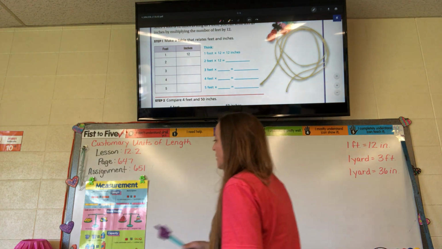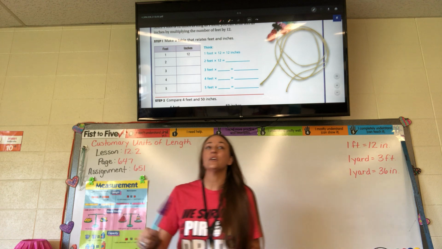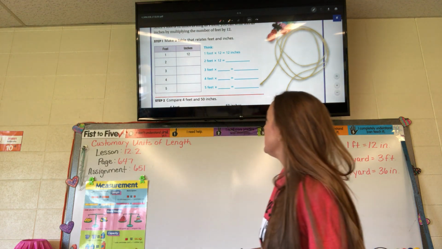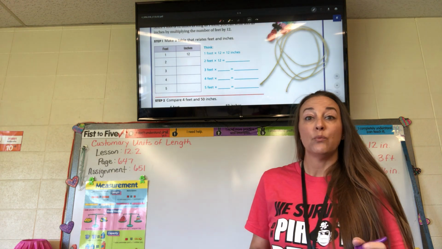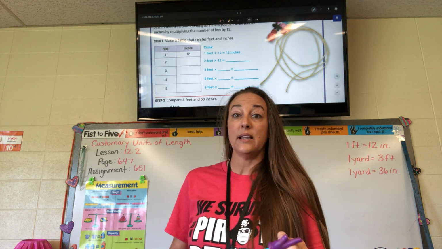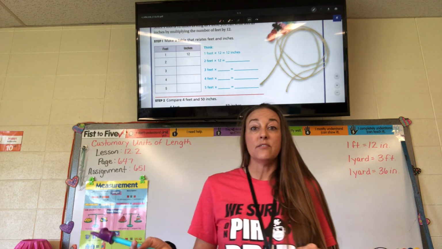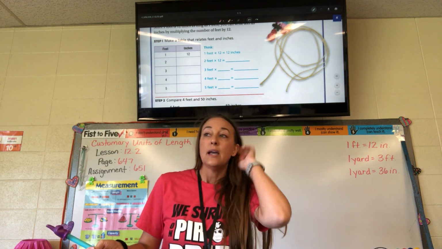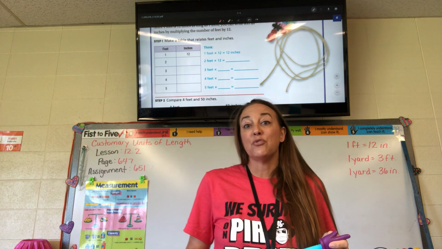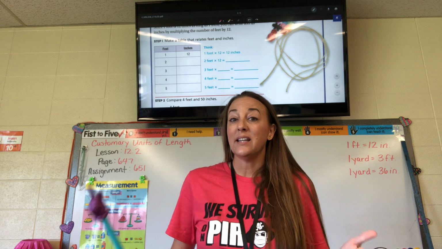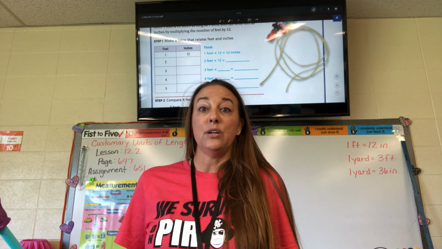Okay. So we are starting on chapter 12 today, and it is about measurement. We're only going to do 2 lessons in this chapter, one on customary units of measurement and one on metric. Customary units of measurement are ones that basically only the United States still uses.